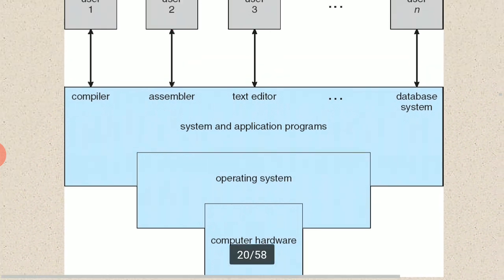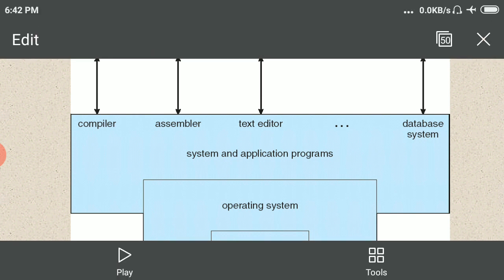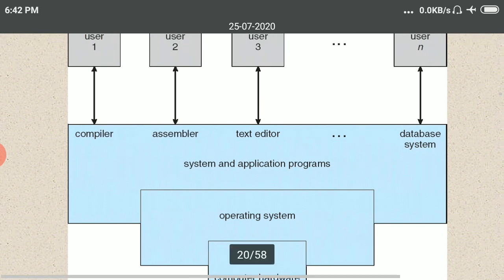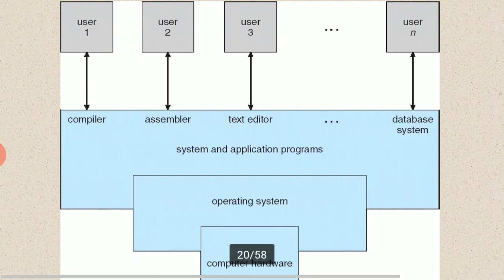User 1 compiles the program, user 2 assembles, and user 3 uses text editors, just like we take a Word document and edit it, or a database system like Oracle accessed by the end user. These are different types of clients doing different types of work. Those are the system and application programs.